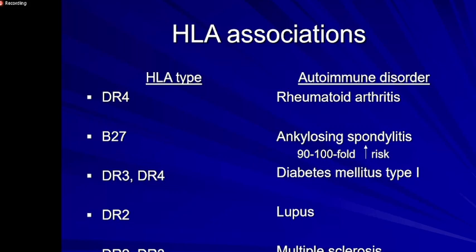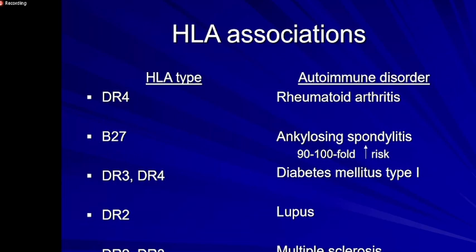Now, if you go to HLA-DR3, HLA-DR4, again, diabetes mellitus, and DR2, lupus, the same with DR2, DR3, multiple sclerosis. So this goes to tell you that HLA class 2 genes are more associated with autoimmune diseases.